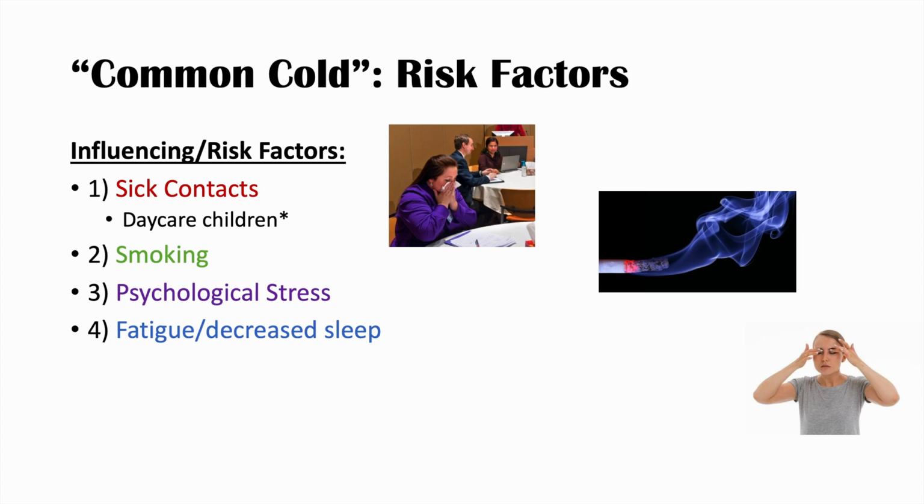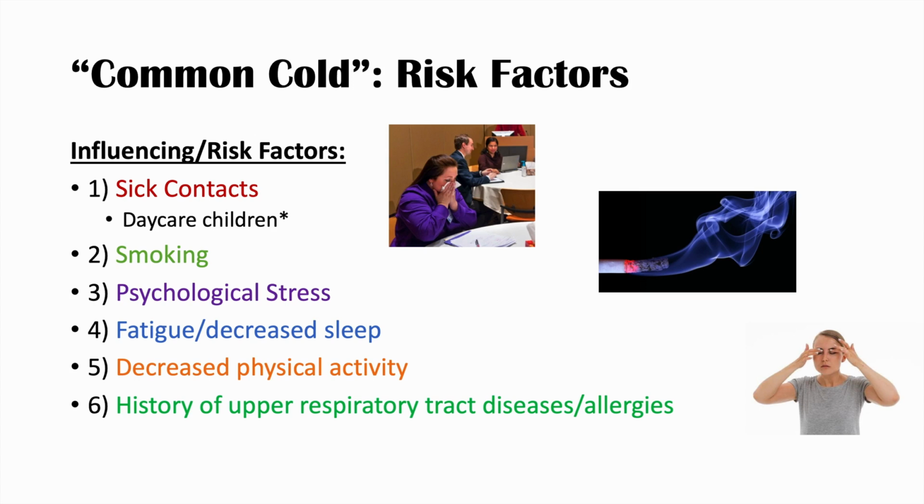The fourth risk factor is fatigue and decreased sleep. It is tied together with the psychological stress. If you're fatigued, you're not rested, you become more susceptible to getting the common cold. The fifth is decreased physical activity. So if you have decreased physical activity, you're more likely to get the common cold. And the sixth influencing or risk factor is having a history of upper respiratory tract diseases or respiratory allergies.